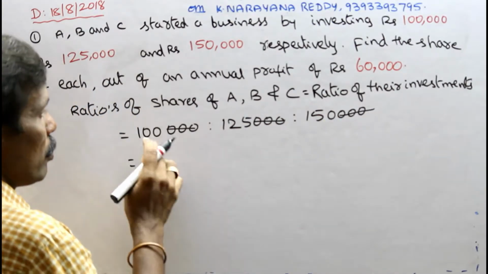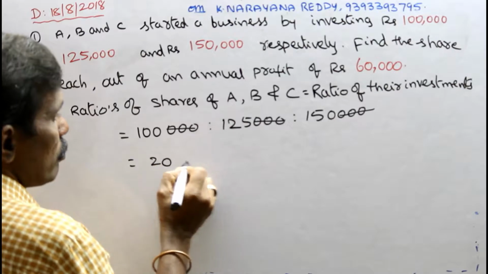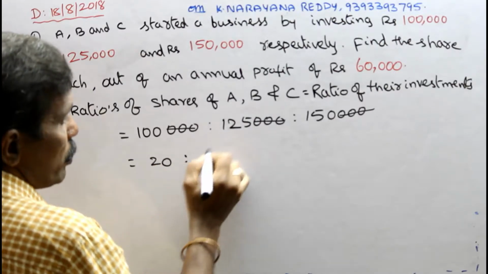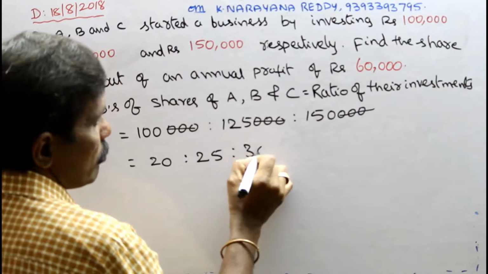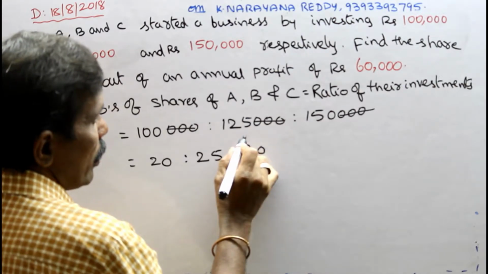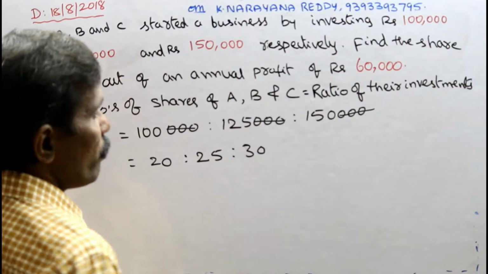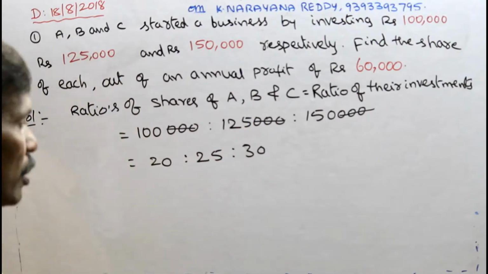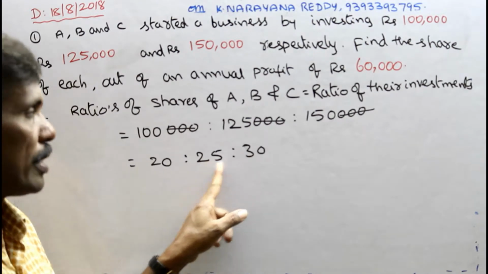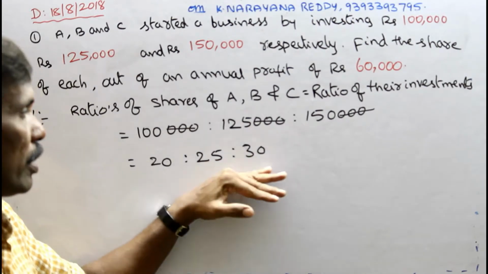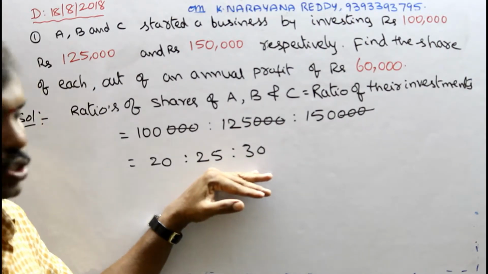Now 1, 1.25, 1.5 gives 20, 25, 30 in ratio. These are the ratios of their investments. That means if A keeps 20 rupees, B keeps 25 rupees and C keeps 30 rupees.